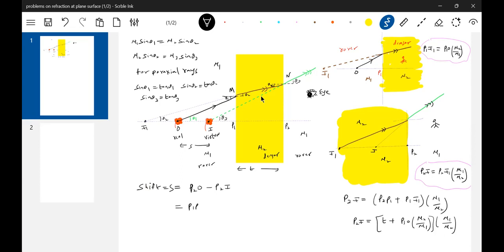P2O is P2P1 plus P1O. P2I we have already calculated, so T plus P1O.